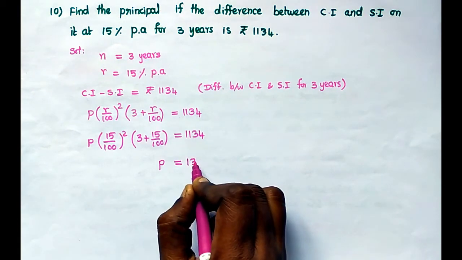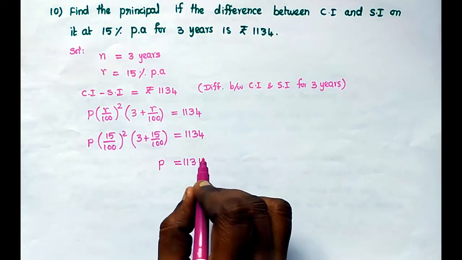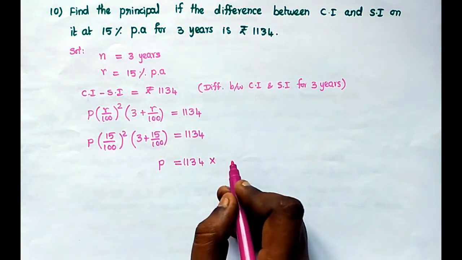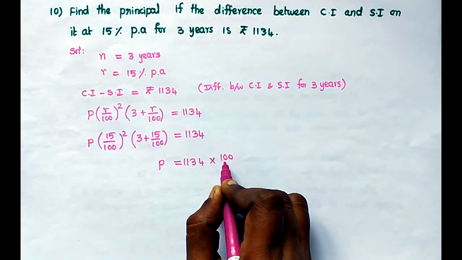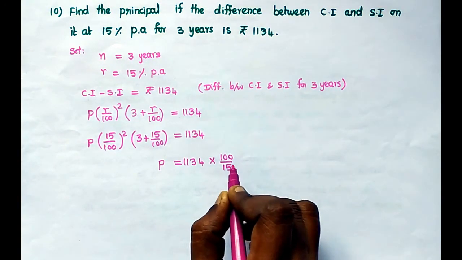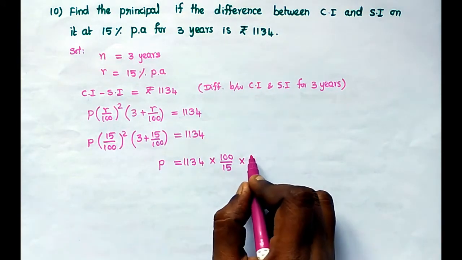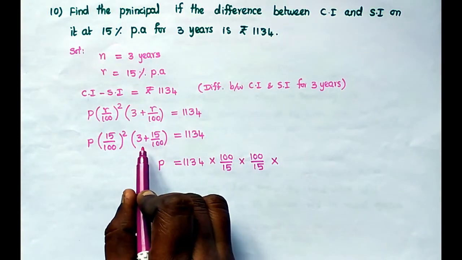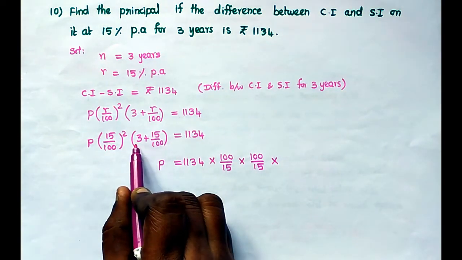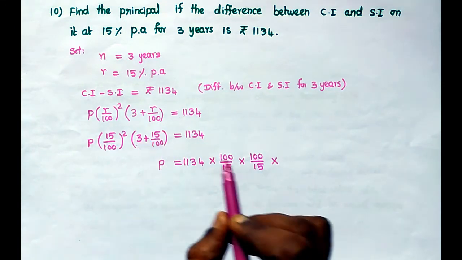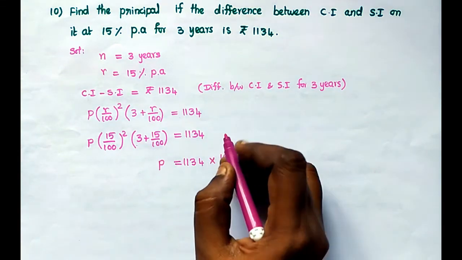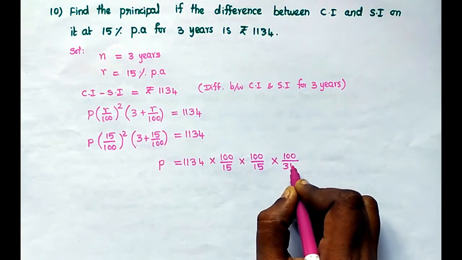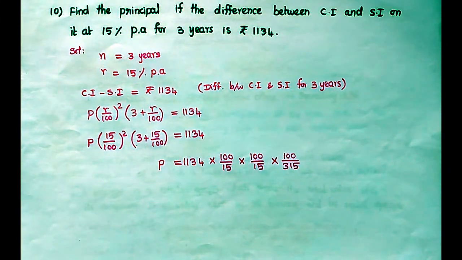Now bring this side, the numbers into here. 15 by 100 means, bring this side means we get reciprocal. So 100 by 15, that is square, so 2 times we have to put, and here 3 into 100, 300 plus 15, 315 by 100. Here means 100 by 315.